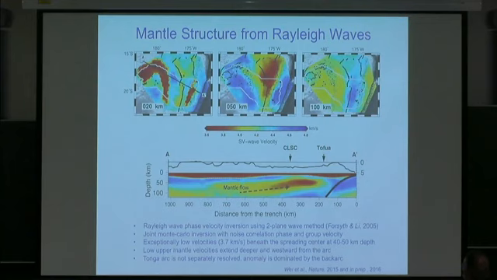We also see that we have a very large velocity anomaly here at about 50 kilometers depth that is not well separated between the volcanic arc and the backarc spreading center. There's some evidence of a little bit of lithosphere there in between, but for the most part, this velocity anomaly is pretty continuous here, and it extends to the west.